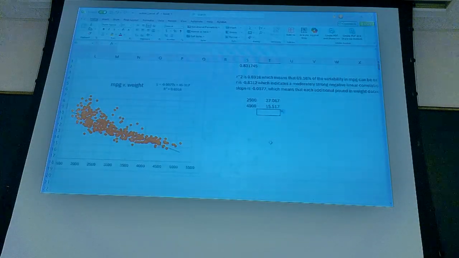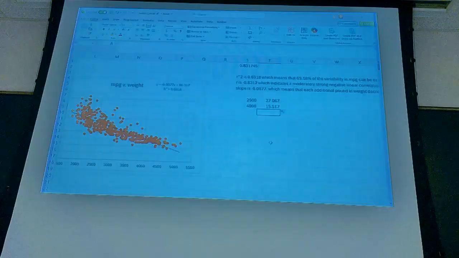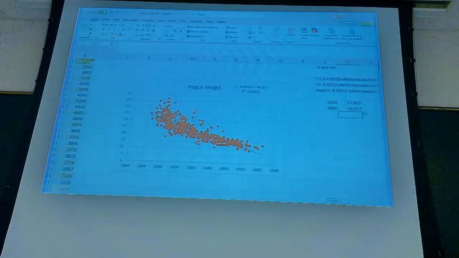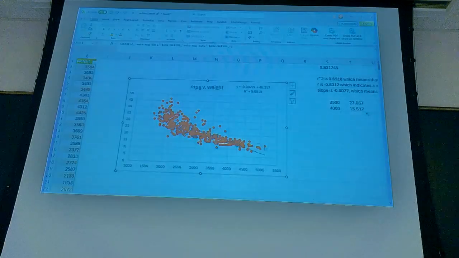What is the observed weight range, I think is the next part. Can we predict it for 5,200? Well, it looks like this is the largest data point here. And I have no idea what that is.